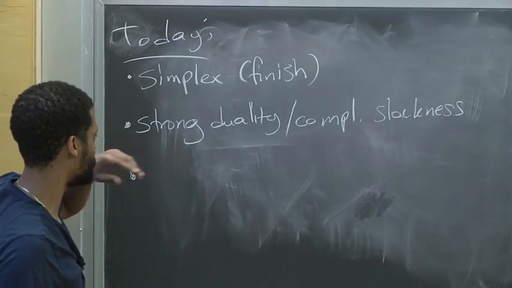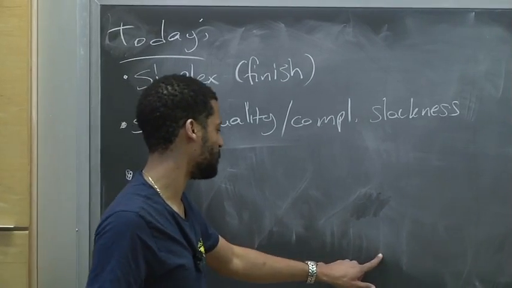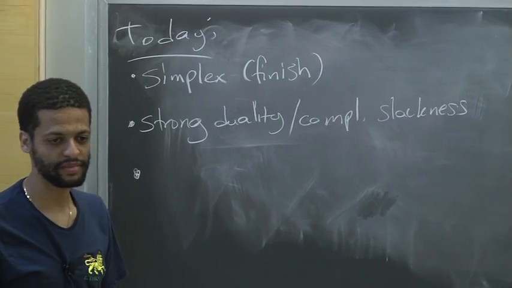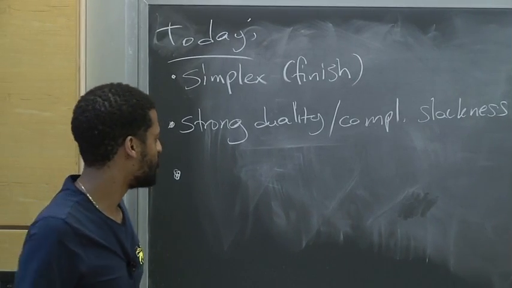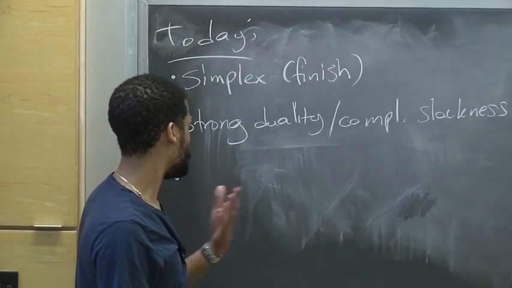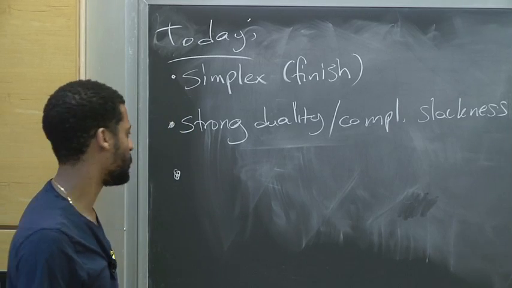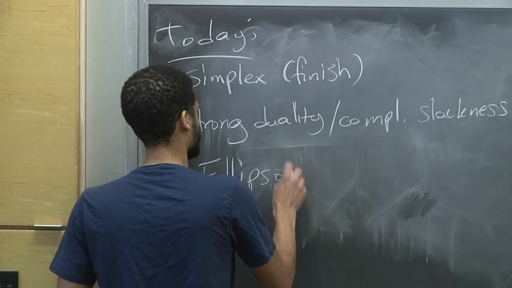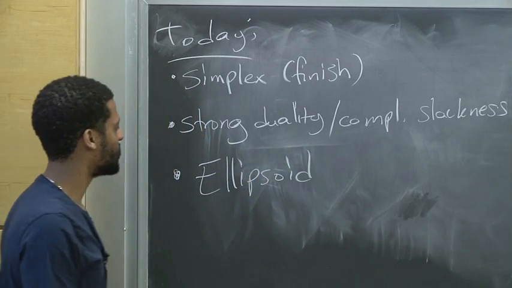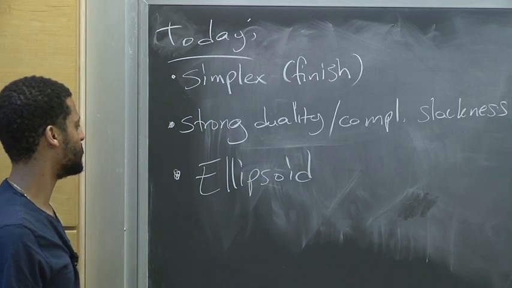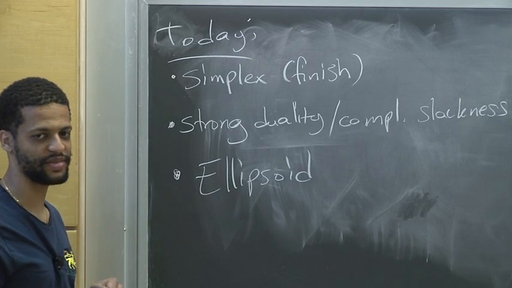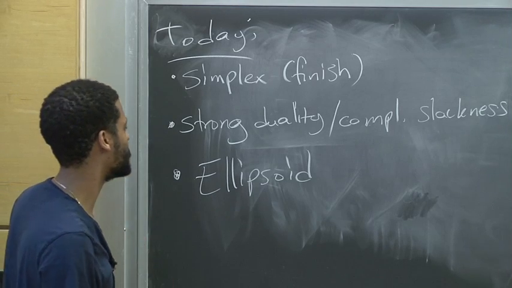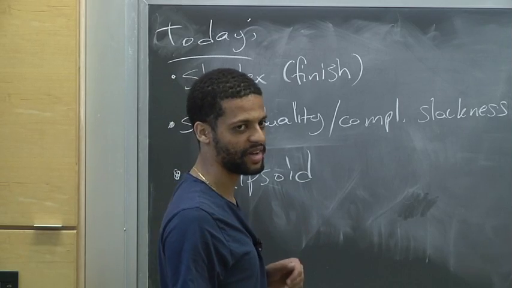So the simplex algorithm, unfortunately, there are no known polynomial time implementations of it. They all take exponential time. The first polynomial time algorithm for linear programming is the ellipsoid algorithm. But I don't want to get into it. To properly cover all details of ellipsoid would take maybe a lecture, and I don't want to spend too much time on it.